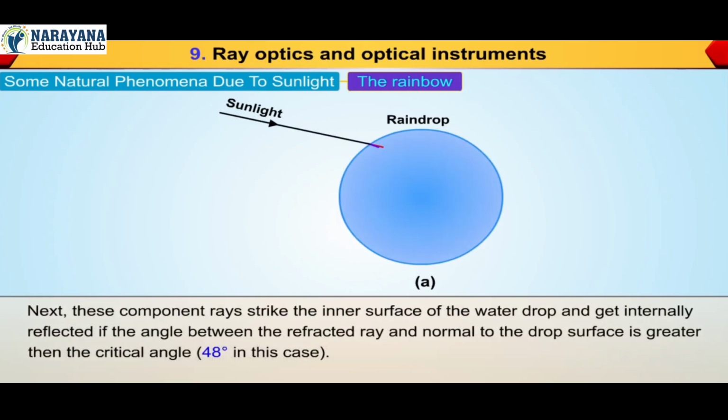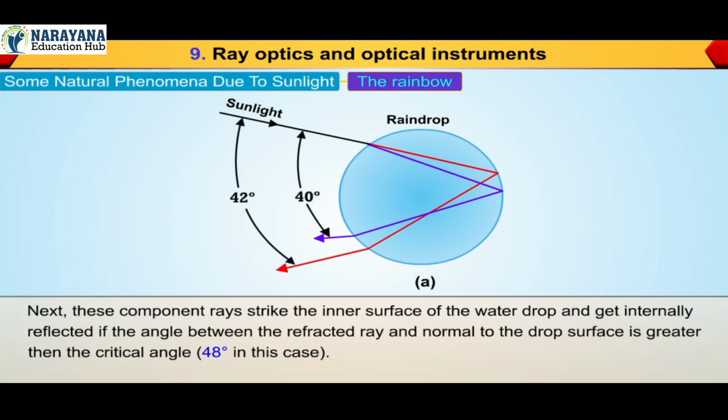Next, these component rays strike the inner surface of the water drop and get internally reflected if the angle between the refracted ray and the normal to the drop surface is greater than the critical angle, which is 48 degrees in this case.